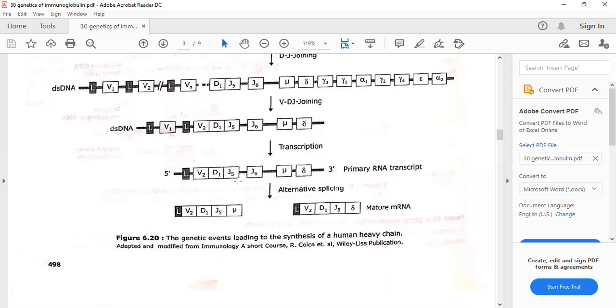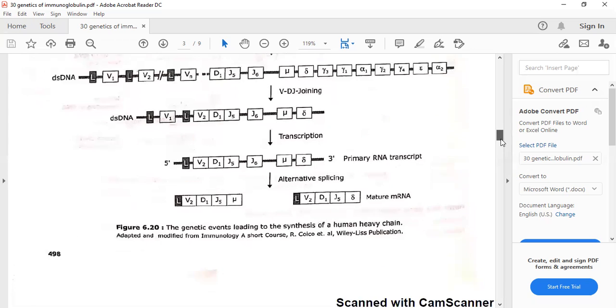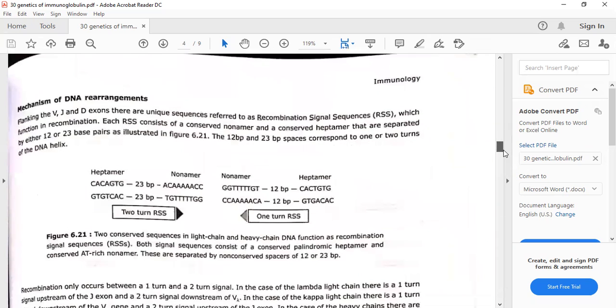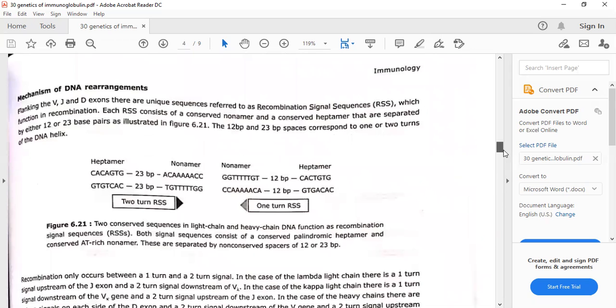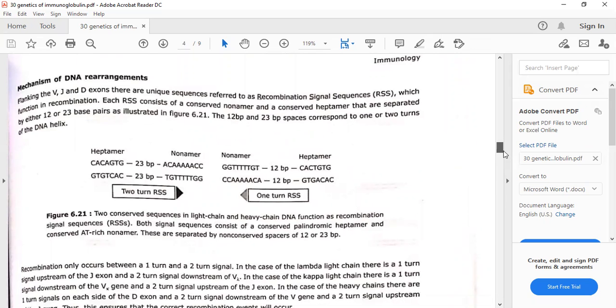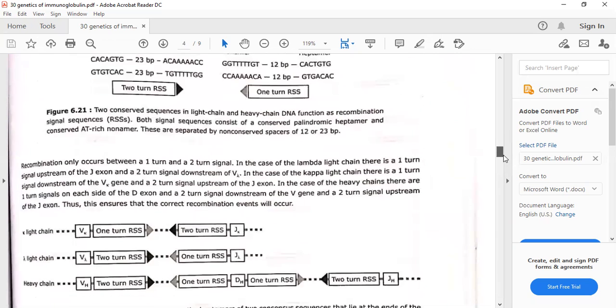After that, this J1 portion will be cleaved from this side to this side, making a complete H chain, heavy chain. So by this method, the VDJ recombination will occur for making the complete arrangement. So this is the complete mechanism by which VDJ recombination occurs.